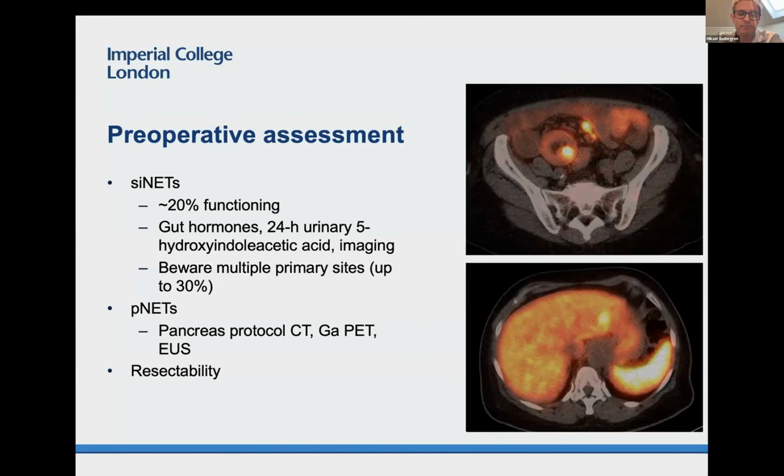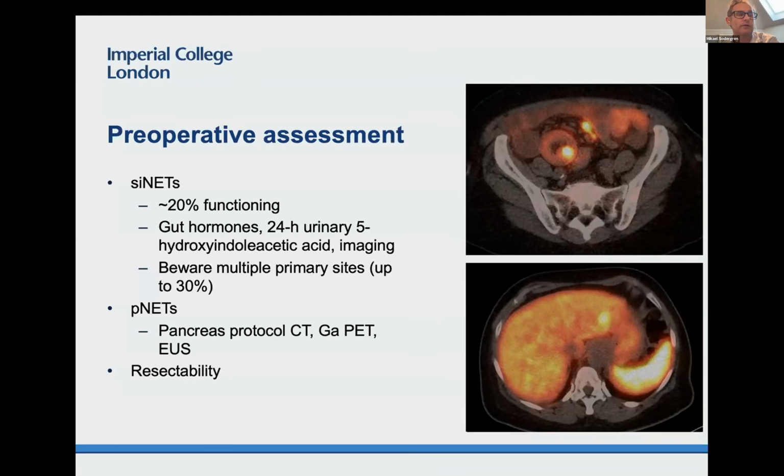The resectability of the tumors is clearly important to determine preoperatively. For small bowel neuroendocrine tumors, the factor that most often precludes the ability for a surgical resection with clear margins is the mesenteric deposits at the root of the mesentery.